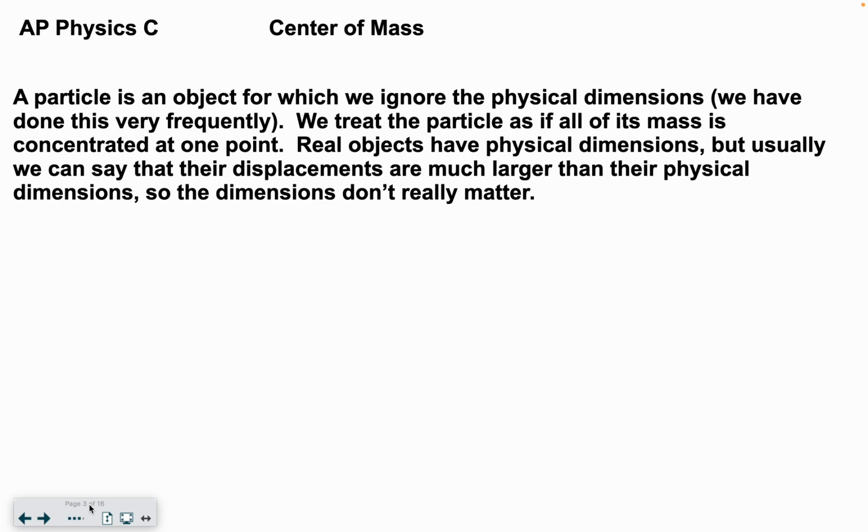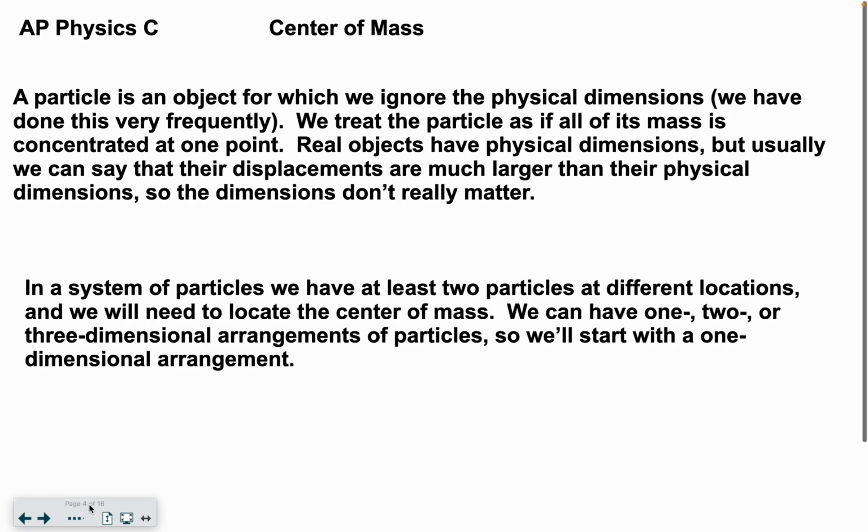Real objects, of course, have physical dimensions, but usually we can say that their locations or their displacements are much larger than their physical dimensions, so their dimensions don't really matter. In a system of particles, we're going to have at least two and usually more particles at different locations, and we'll need to locate the center of mass.